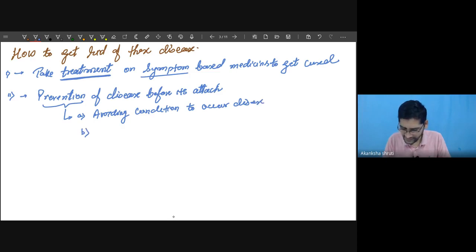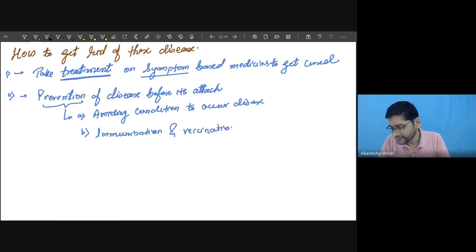The second one is immunization and vaccination, means develop your immune system. Immunization and vaccination means vaccines are given to avoid the possible attack of the disease.